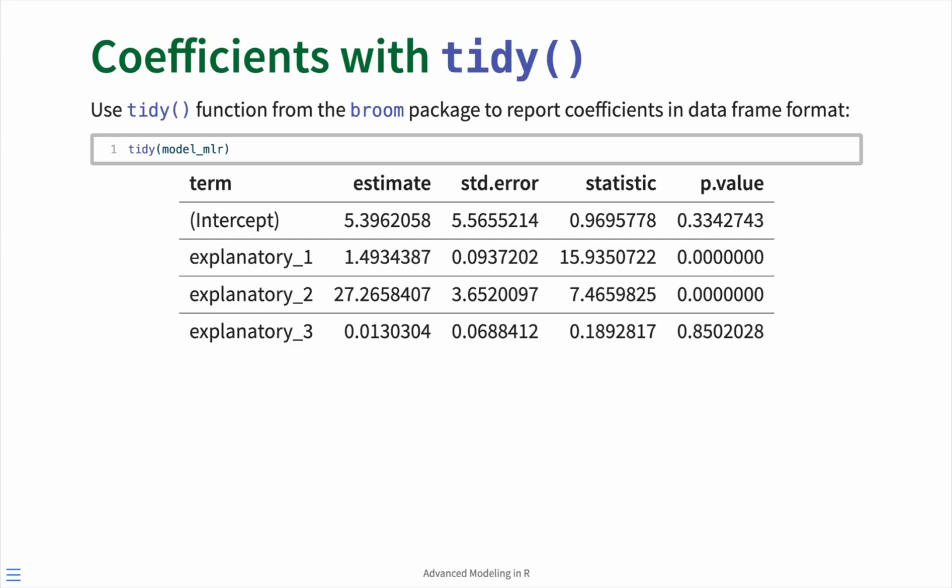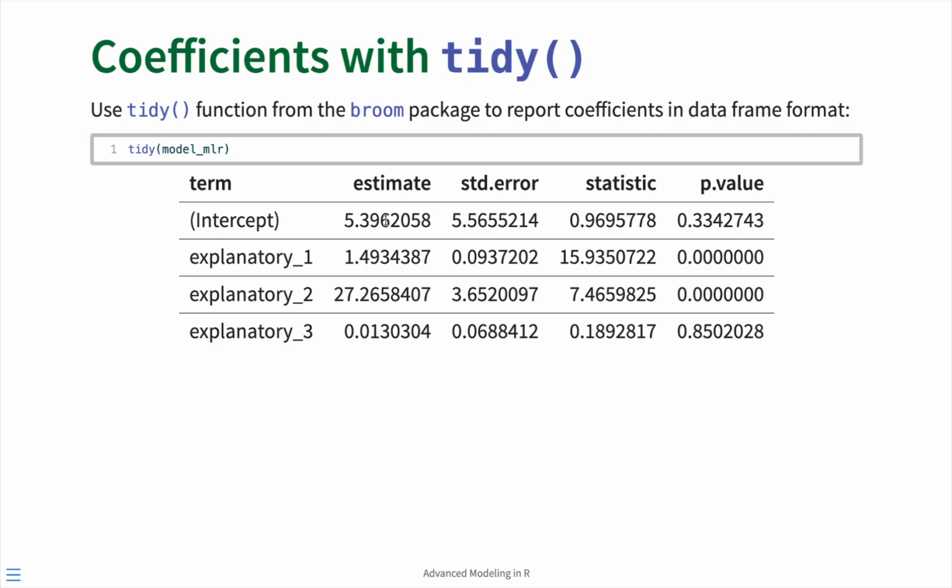This is an example of the output, and you can see that the first column describes the different terms of the model. So we have the intercept, and then we have the different explanatory variables that were in the model. And then in the second column we have the estimate of that coefficient.